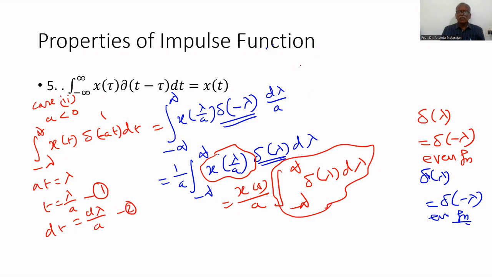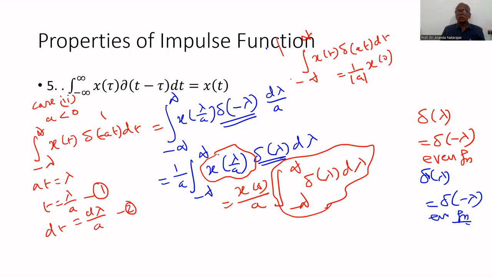Therefore, we can conclude that the integral from minus infinity to plus infinity of x of t δ(at) dt equals 1 by modulus of a. Because whether a is positive or negative, we get a positive 1 times x of 0.